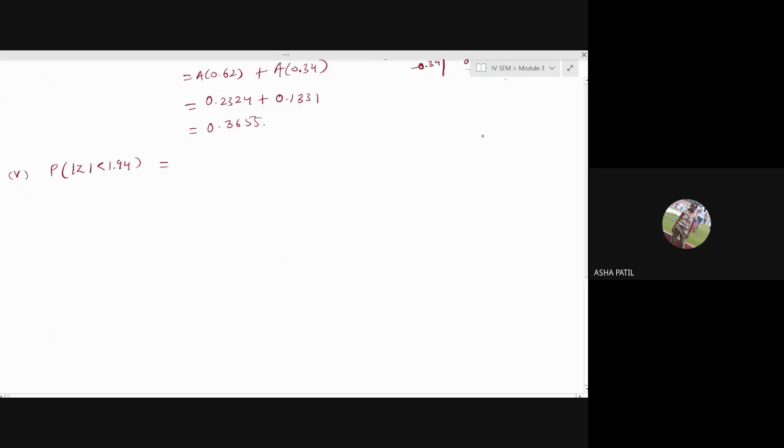Yes. See, mod z is less than 1.94, it is asked. So mod of z is less than 1.94 means it is from minus 1.94 to plus 1.94. You have to take all the values, because the mod of any value from this is also less than 1.94.